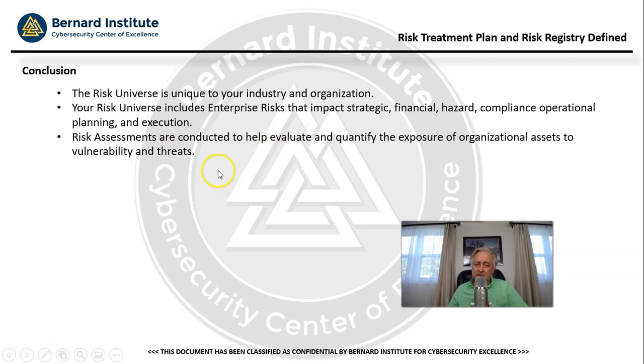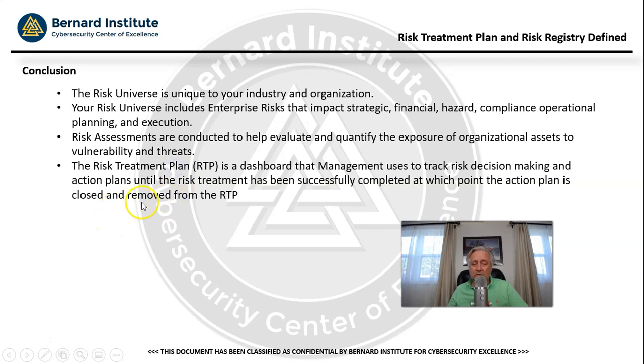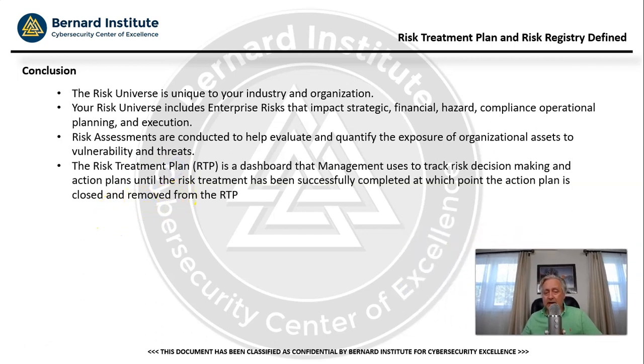Risk assessments are conducted to help evaluate and quantify the exposure of organizational assets to vulnerabilities and threats. The risk treatment plan is a dashboard that management uses to track risk decision-making actions until the risk treatment has been successfully completed, at which point the action plan is closed and the line item is removed from the risk treatment plan. Very important.